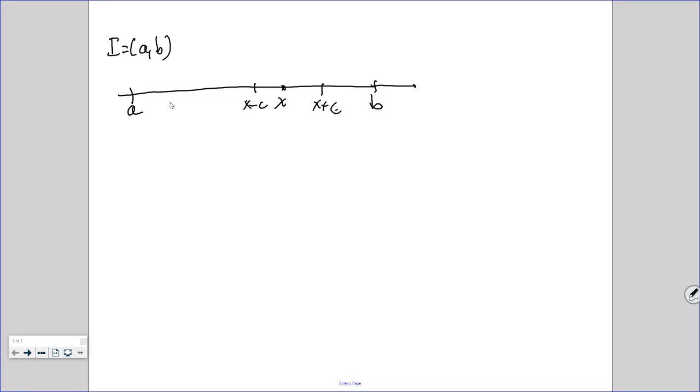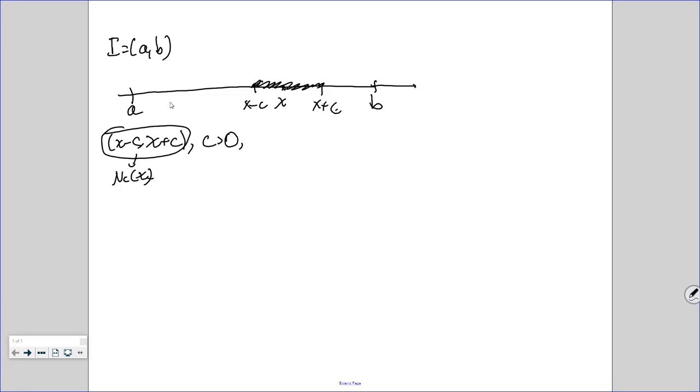The thing you may notice is that every point in the interval AB has this feature: if we take any point x, then there exists a small interval such that the interval itself is in I. In the literature, for a positive number epsilon, this set is called the neighborhood of x.